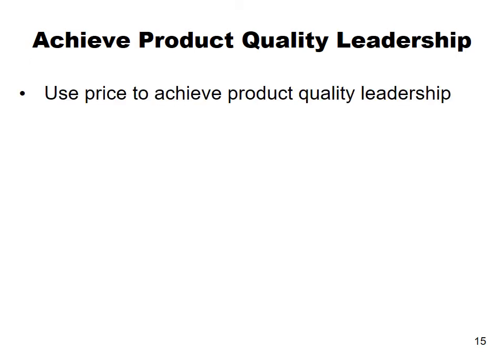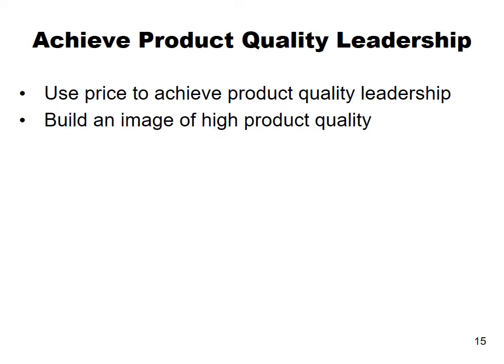Achieve product quality leadership. You use price to achieve product quality leadership. To build an image of high product quality, most of the time you price it at a high price. One good example is the Apple iPhone.